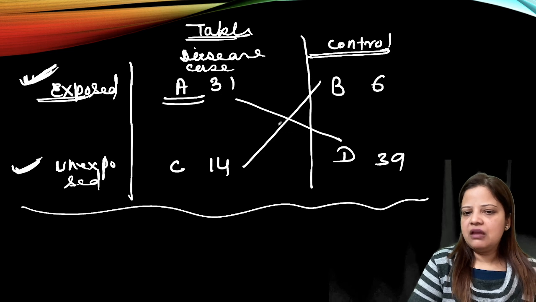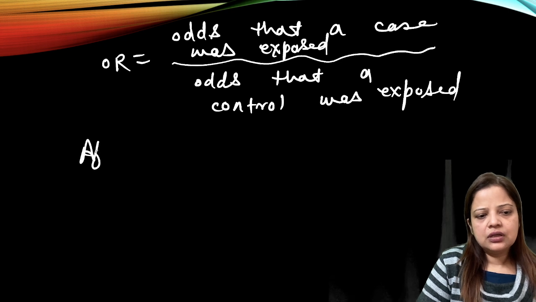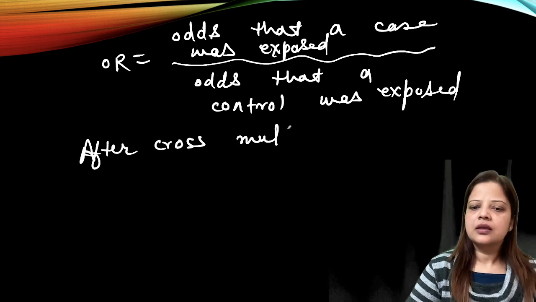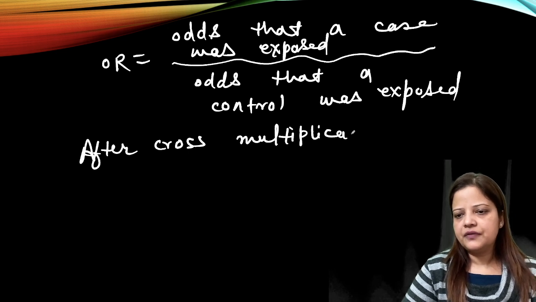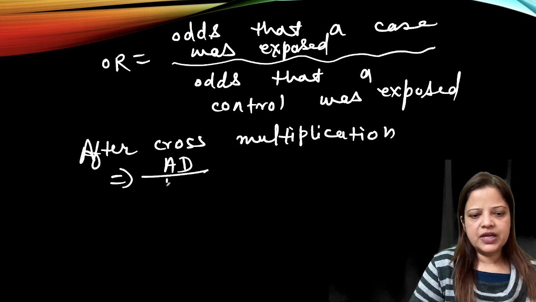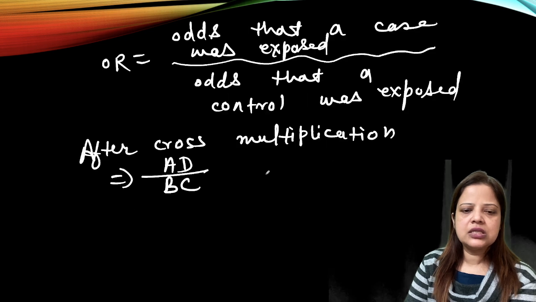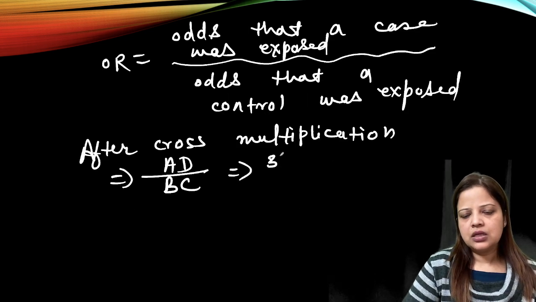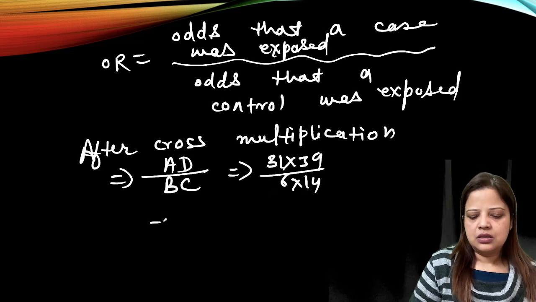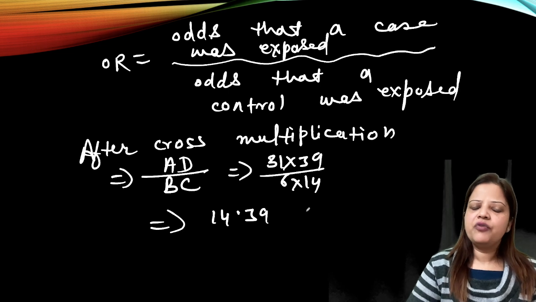We will multiply A with D and B with C. After cross multiplication, it will be A into D divided by B into C. In our example, 31 into 39 divided by 6 into 14. And the result will be 14.39 or approximately 14.4.